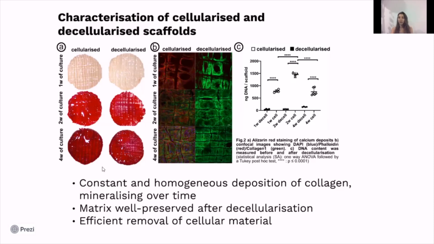And when studying the cellular components of the different scaffolds, you can see in the confocal images, the blue, which is the nuclei, and the red, which is the cell fibers, have completely disappeared in the decellularized scaffolds. And we also confirmed this by a PicoGreen quantification showing that sufficient removal of DNA was obtained.